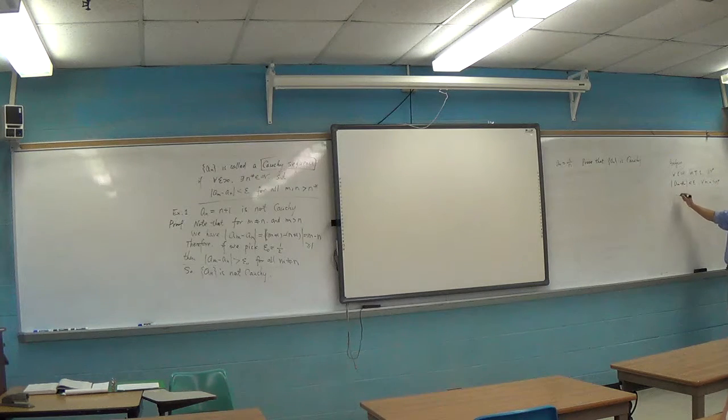Now let's see what a_n is. a_n is 1 over n. We want to show that this one is less than epsilon. This is equivalent to the absolute value of 1 over m minus 1 over n, because we don't know which one of m and n is bigger.